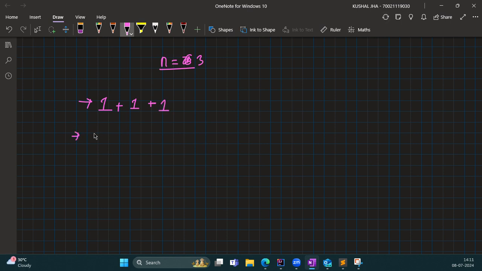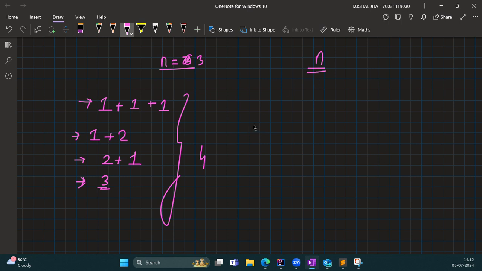Another way would be to roll a 1 and then a 2. Another would be to roll a 2 then a 1, or the last way would be to roll a 3 itself. So for n equals 3, the answer is 4. For any given n, we need to find this.